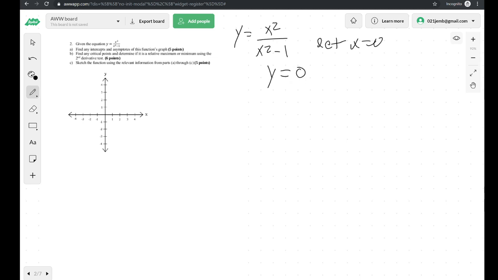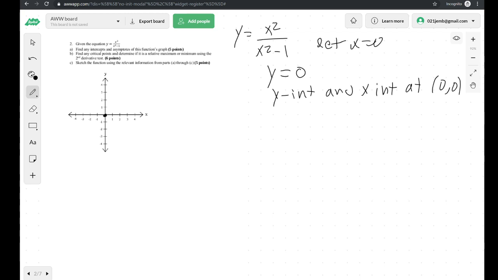So in that case, we have the y intercept and x intercept at x equals 0 and y equals 0, at (0, 0). So it's basically right over here in the center.